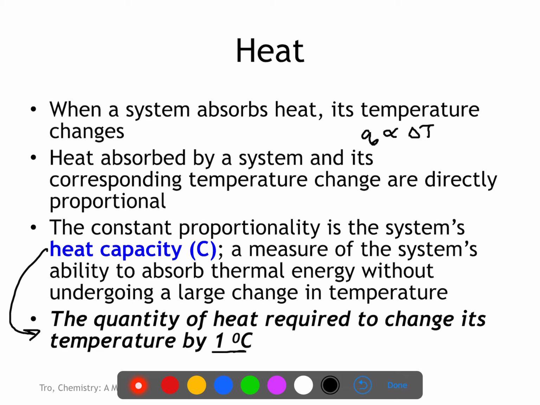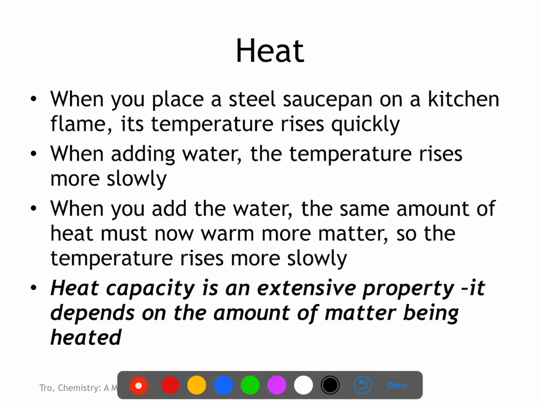When you place a steel saucepan, for example, on a kitchen flame, its temperature rises really fast, right? Now, if you add water, the temperature doesn't rise as fast. It rises a little more slowly. It's just like a cup or beaker over a flame: it heats up really fast, but if you add water, it warms up more slowly.